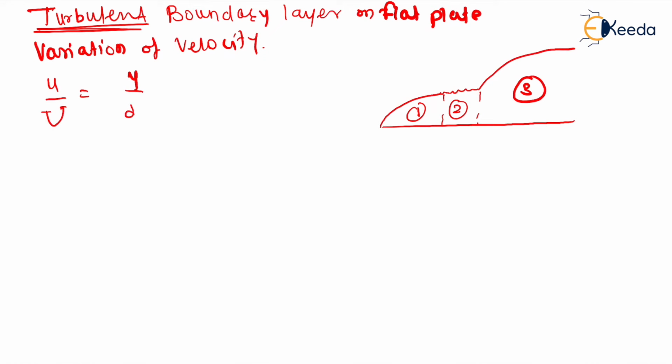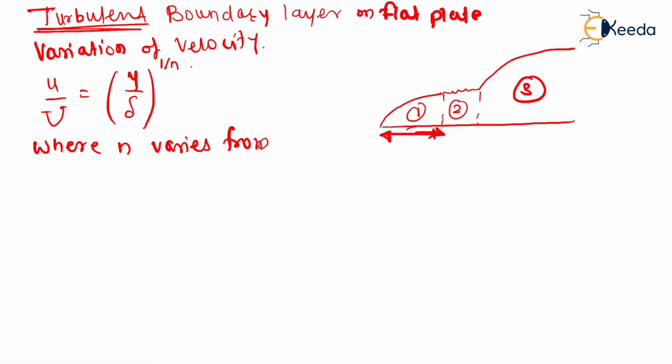So the variation of velocity, small u upon capital U, was y upon delta in the case of the first, laminar region, but now it is having some power. I will call that power 1 upon n, where n varies from 5 to 10.